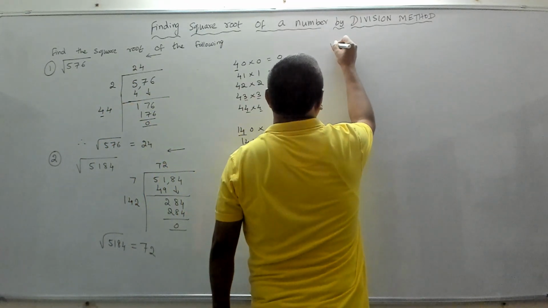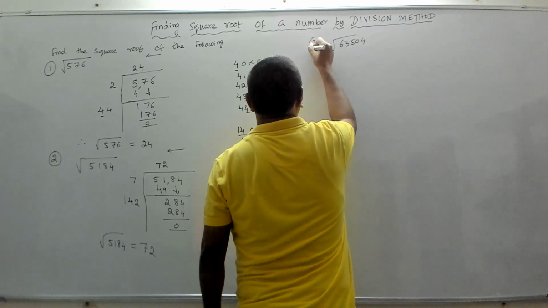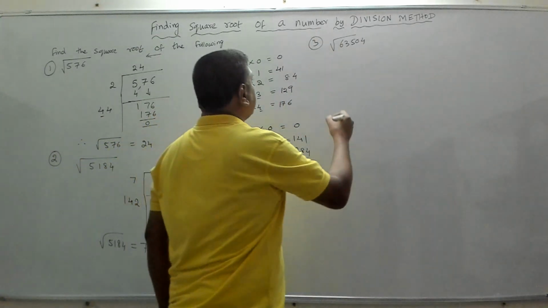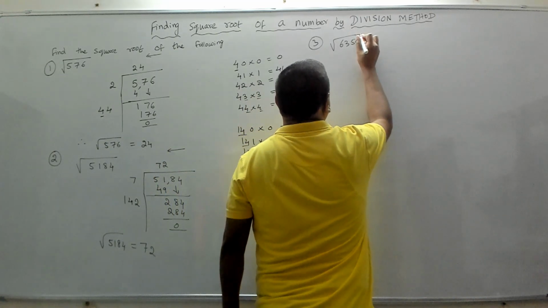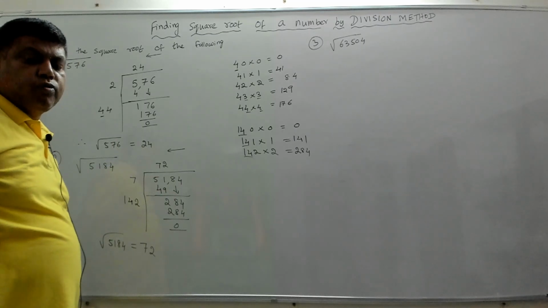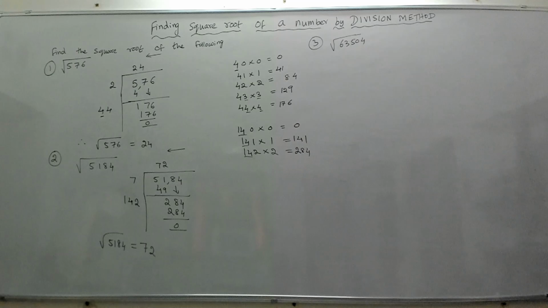Square root of 63504. That is our third question. Find the square root of 63504 using the division method.